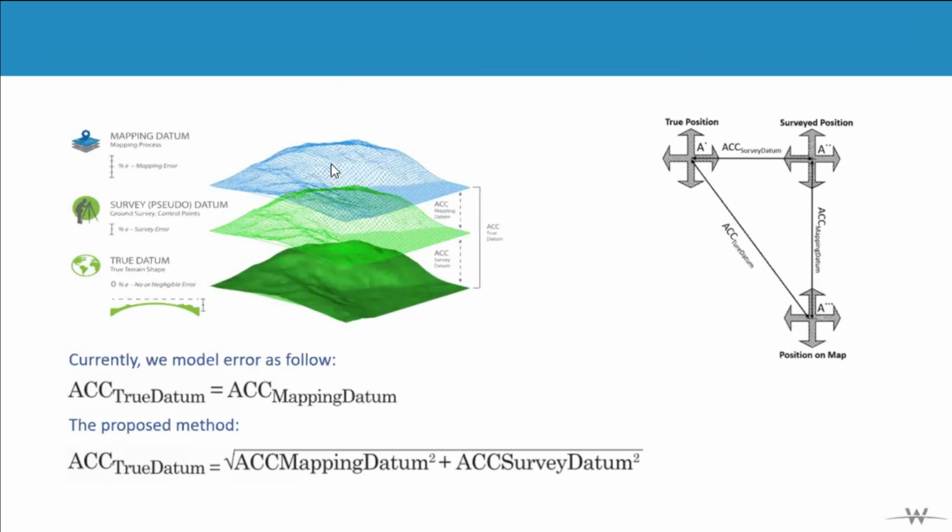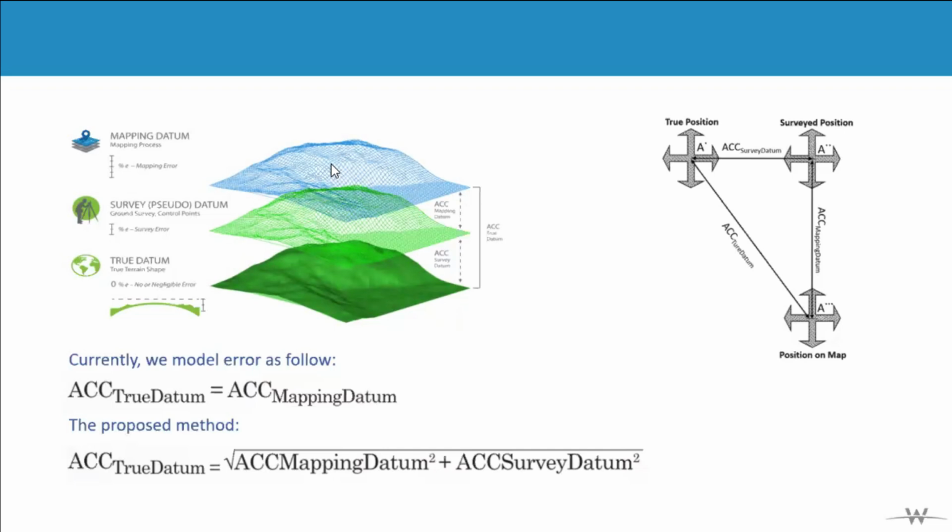The green mesh is the checkpoints, the ground control given to us by the surveyor as they try to survey the datum. The datum is what I called earlier the true value. Remember, the true value, we cannot reach it, we cannot comprehend it.